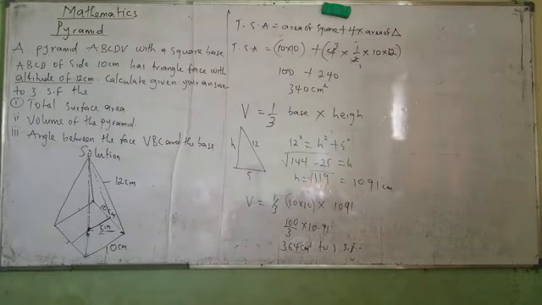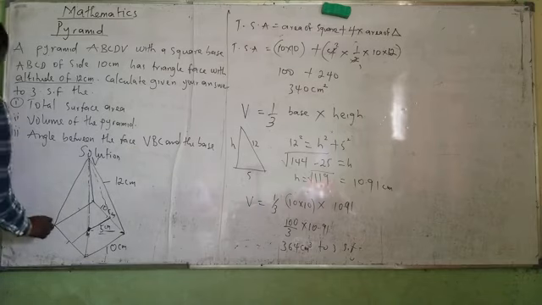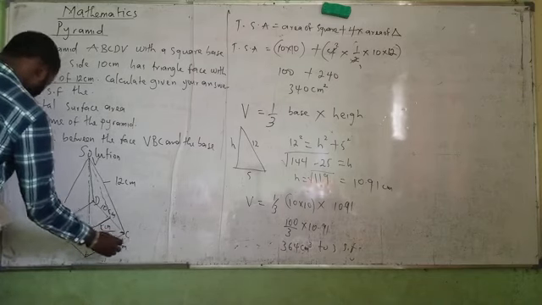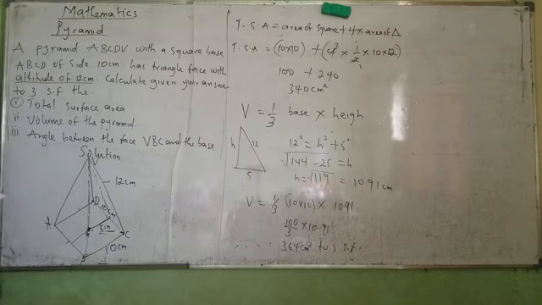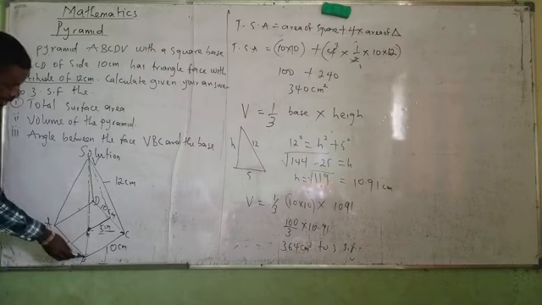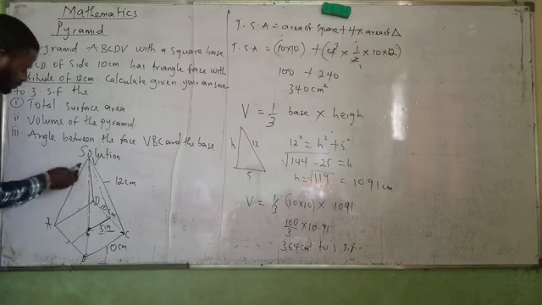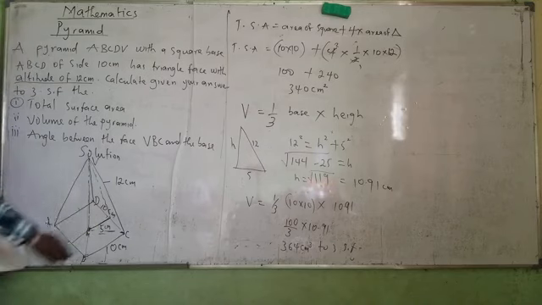Now, the last part of this question requires the angle between the face and the base. Let me label the pyramid: V at the top, we call this place A, this place D, this place C, and this place B. Now, the angle between VB and the base.